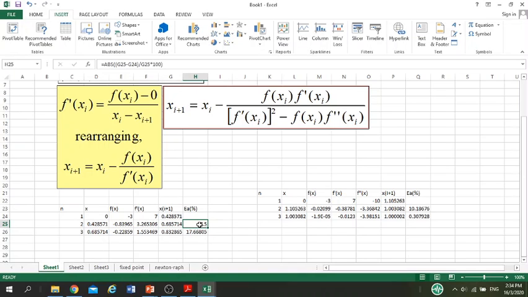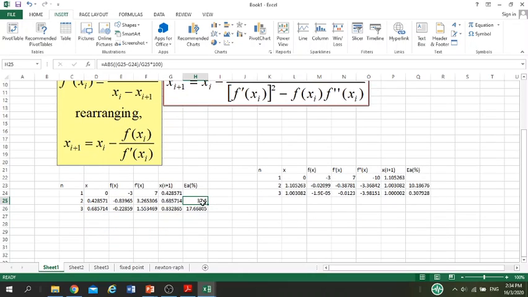And here, starting from this point onwards, we can evaluate the approximate error, by finding the difference between the new value of x and the old value over the new value times 100.